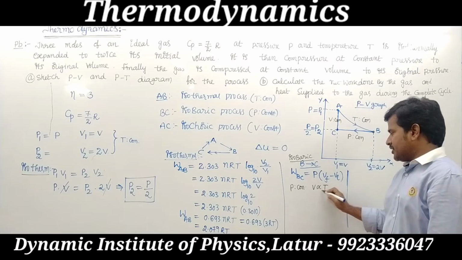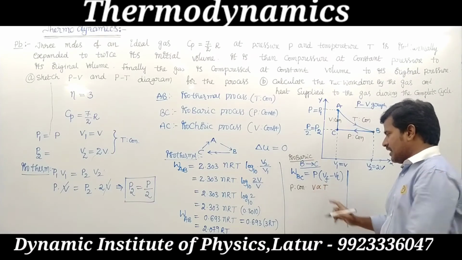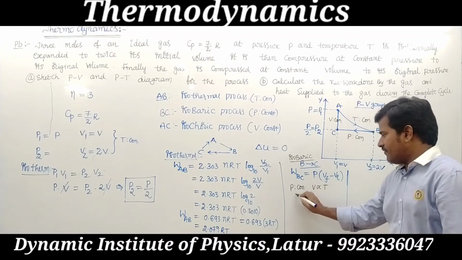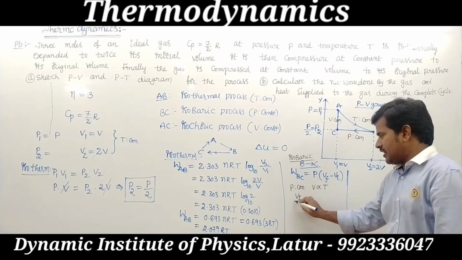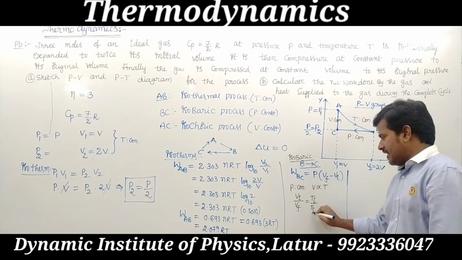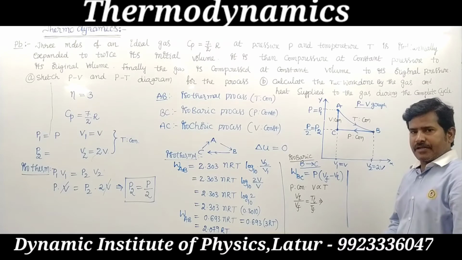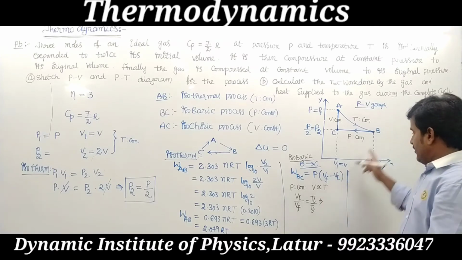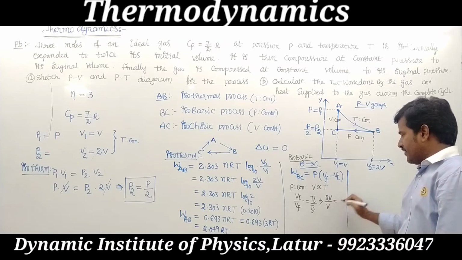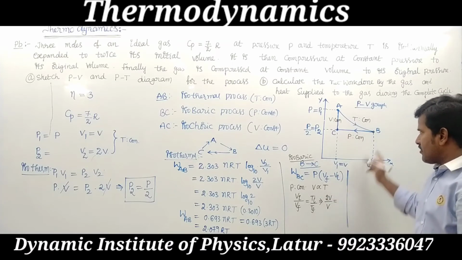So V initial by V final equals T initial by T final. Initial volume 2V upon final volume V. Volume decreases, then temperature also decreases.